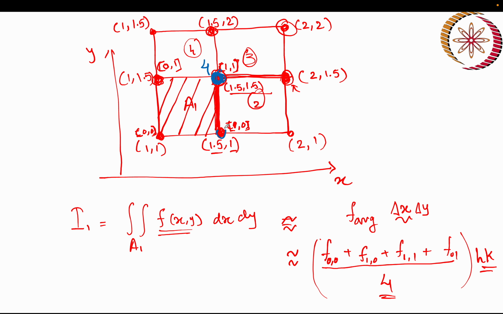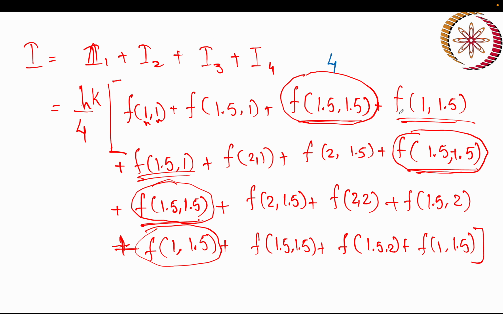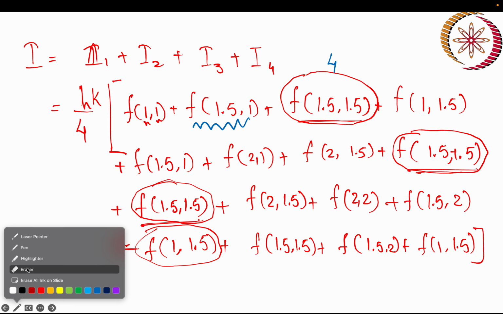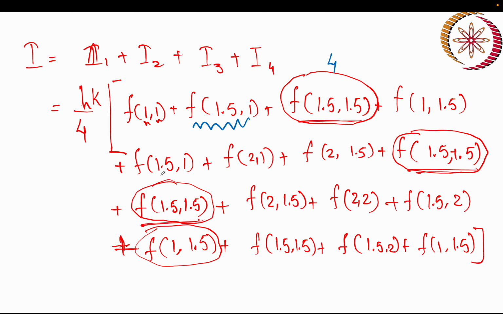Let's say we'll start with this 1.5 comma 1. So I think I marked the wrong combination previously. Okay, so this is 1.5 comma 1, and this is 1.5 comma 1. So this has repeated twice.